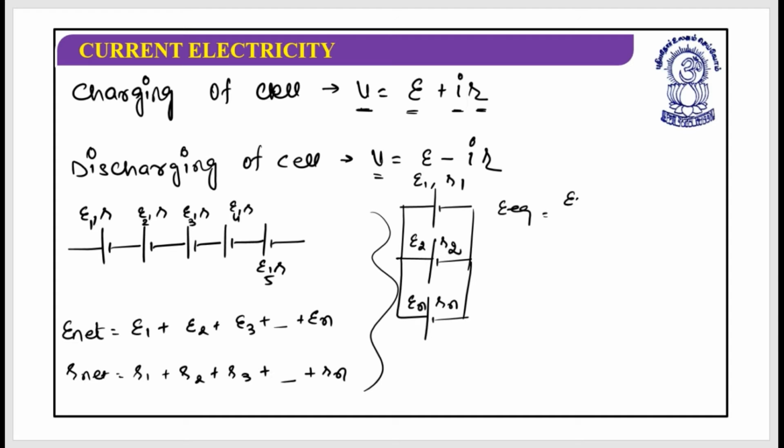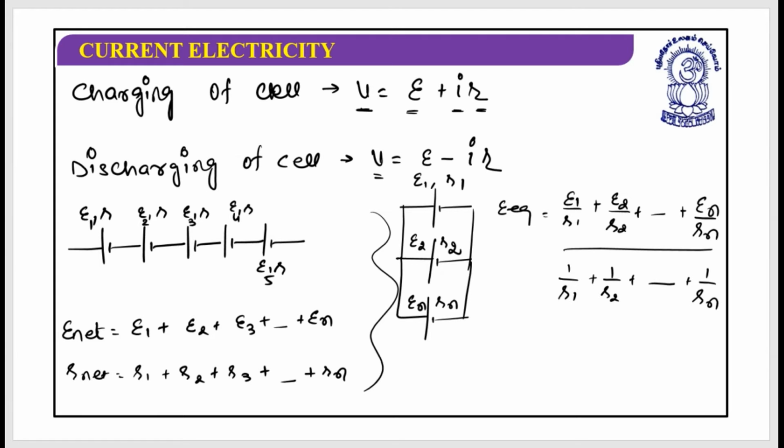Then E equivalent can be written as E1 by R1 plus E2 by R2 up to En by Rn, divided by 1 by R1 plus 1 by R2 up to 1 by Rn, and 1 by R equivalent can be written as 1 by R1 plus 1 by R2 up to 1 by Rn. This is what we have discussed in the previous class about the electric cell. I hope you remember this.